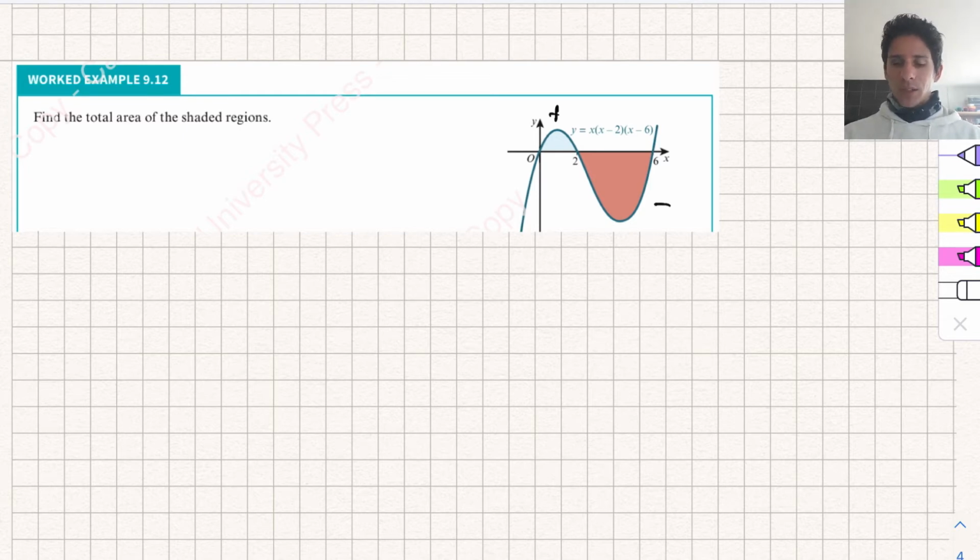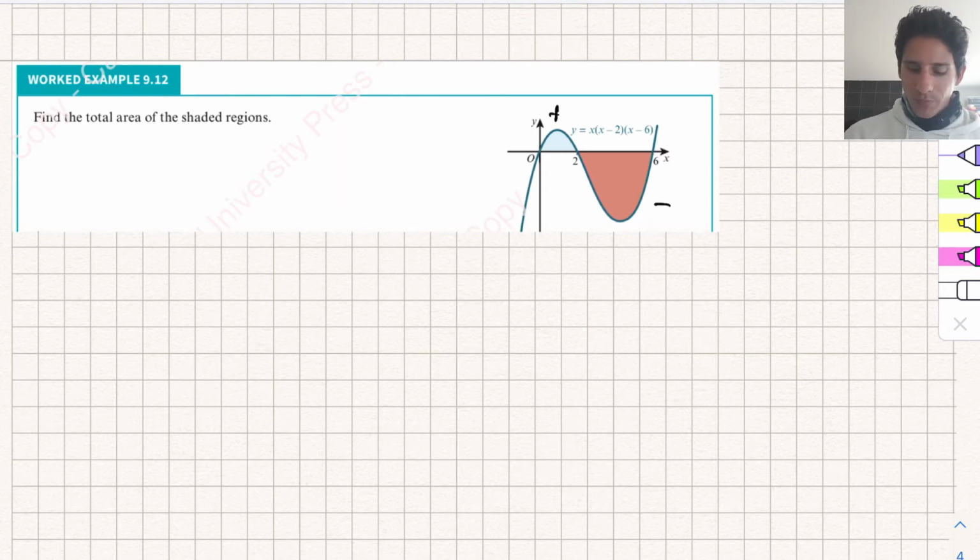Now, we don't want the signed area, we want the total area. In other words, we want to evaluate these two things separately from each other and add them together. So we're going to evaluate that negative area, find out what it is, make it positive, and then add it to the other area. Another way we can think about this is we're actually just going to subtract that negative area, because if you subtract a negative number, it will change signs and become positive, okay?